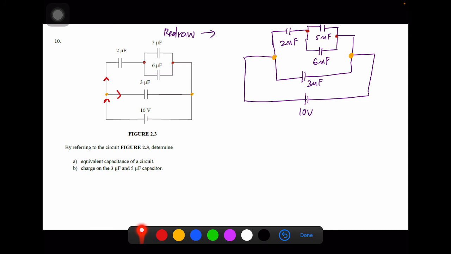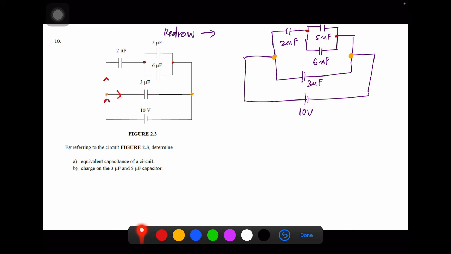How to recheck? Count the number of capacitors: 1, 2, 3, 4, same. Check the number of junctions: ada 4 junctions, so here got 4 junctions as well, the same. And then just recheck the values. Down here got 3, 3, so it makes sense.